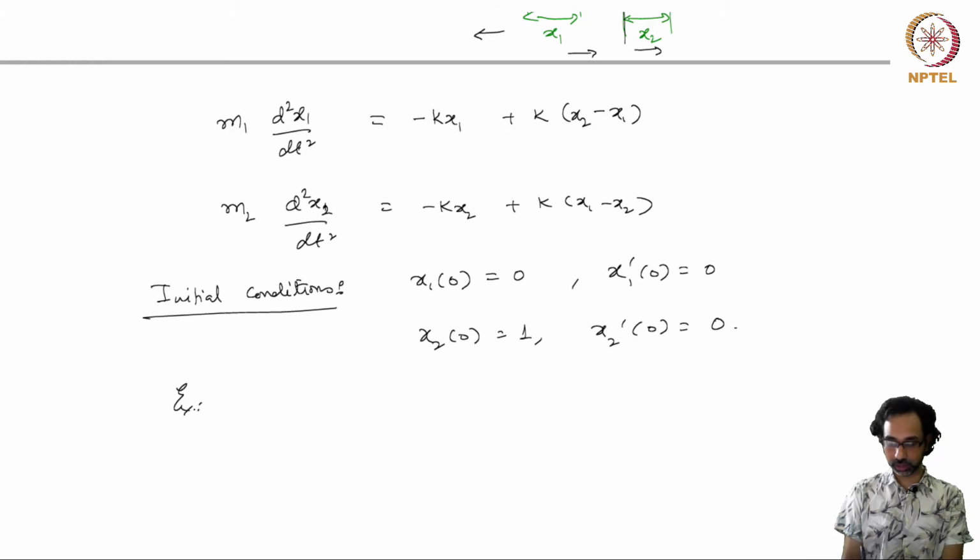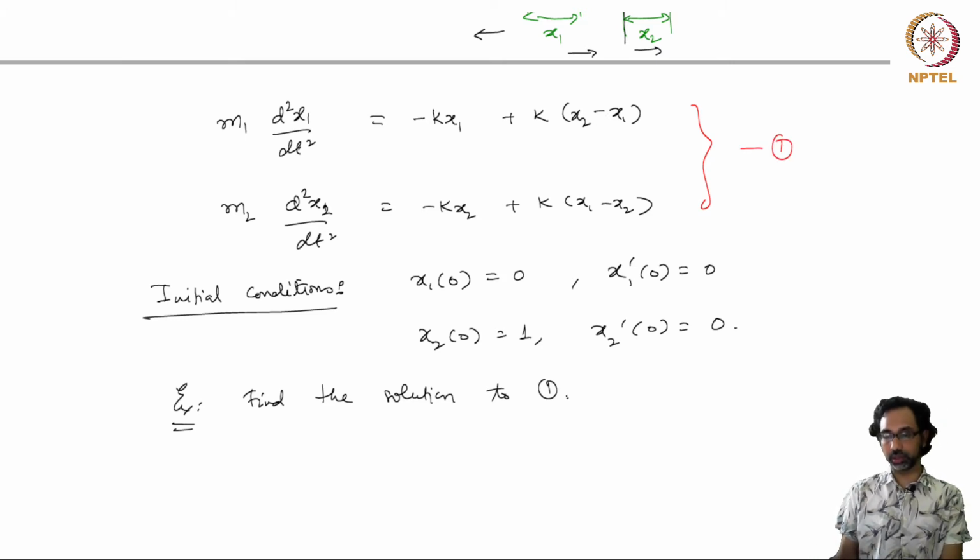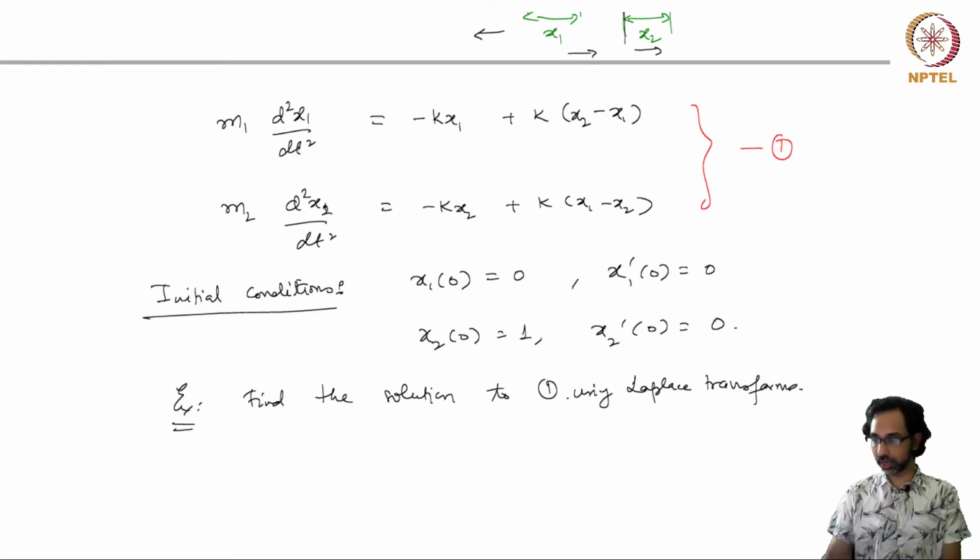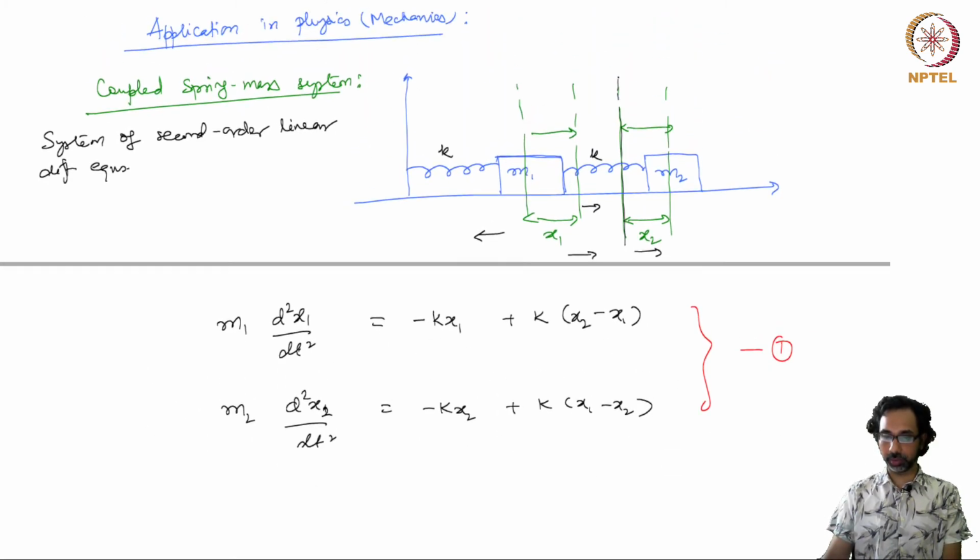And as an exercise, find the solution to this system of differential equations, let me call it 1. So find the solution to this system 1 using Laplace transforms. So this is a nice example where it can be applied to a physical problem. This is a coupled spring mass system.